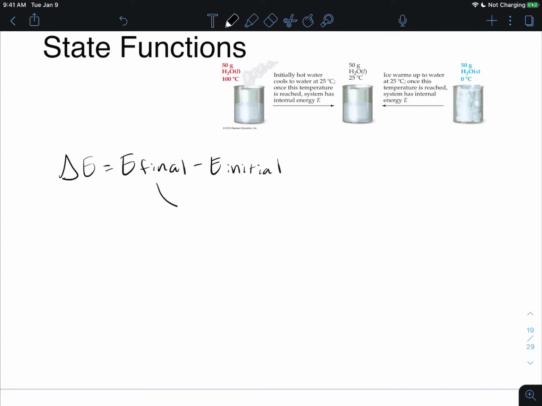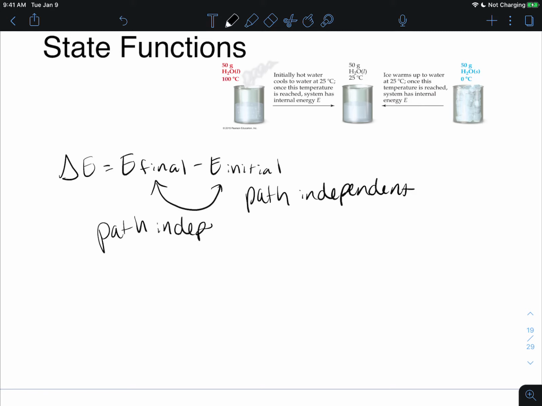So it doesn't matter how we get from here to here, it just depends on the final and initial. So it is path independent. Any function that is path independent, we call it a state function. So as long as that function doesn't depend on the path itself, it'll be a state function.